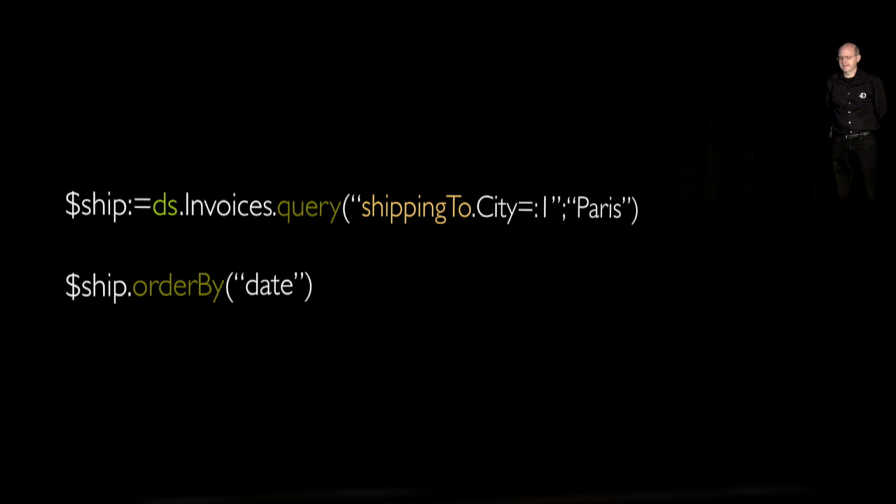So the first line returns not a copy of data. It's not an array with data. It is a collection of record references. And we can use this variable anywhere we want in our code, like to use the result and now to order it. And you can use as many results, meaning as many selections, or as many records as you have local variables, unlimited.